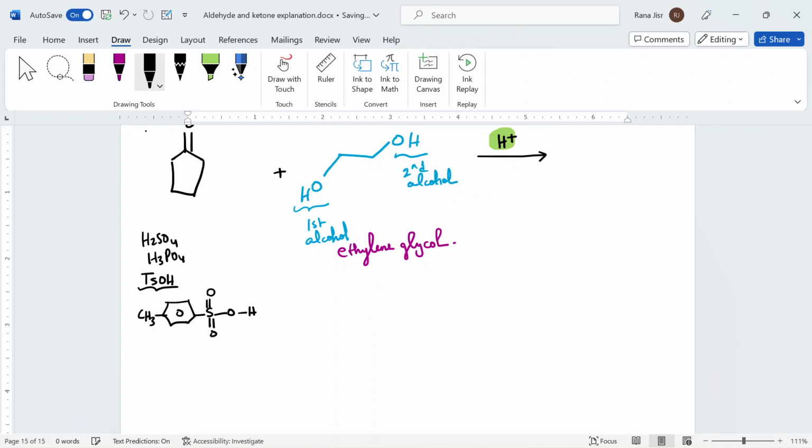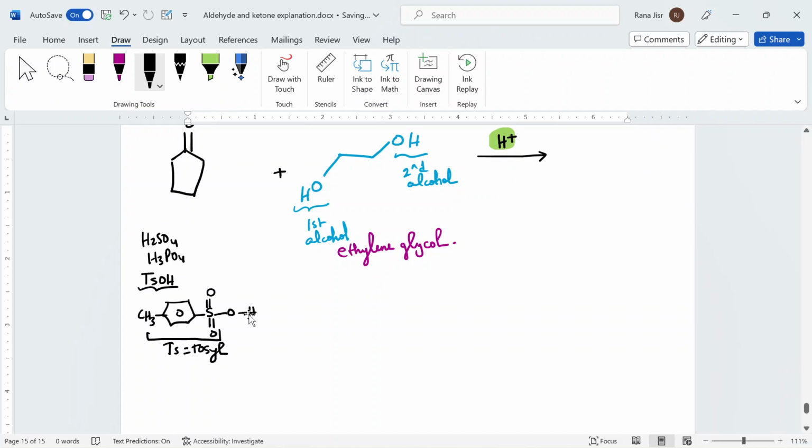Here you go. This is the TS group. So this over here is the tosyl group. Okay, and this is the TsOH in there. Ts is tosyl, which is the para-toluene sulfonyl group.